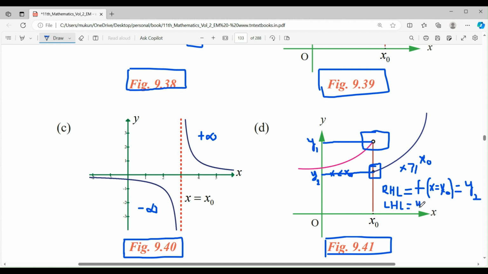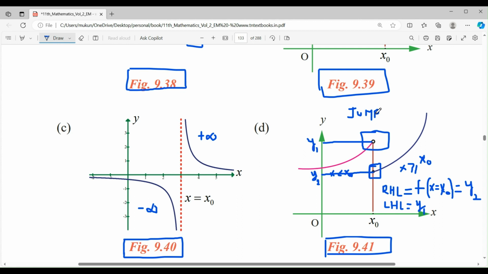So what does that mean? This function has a jump discontinuity, right? Because my LHL is not equal to my RHL. The function exhibits a jump as you move through x naught, and the function is continuous from the right and is discontinuous from the left.